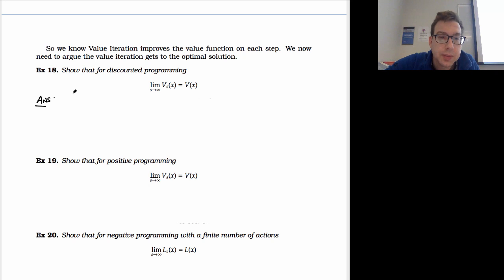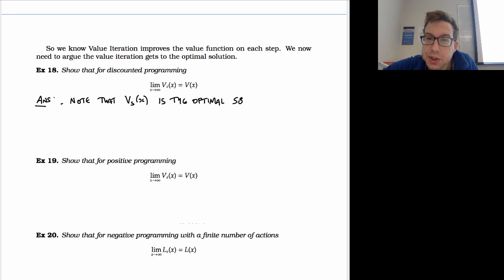Note that v of s of x is the optimal solution to a finite time Markov decision process.